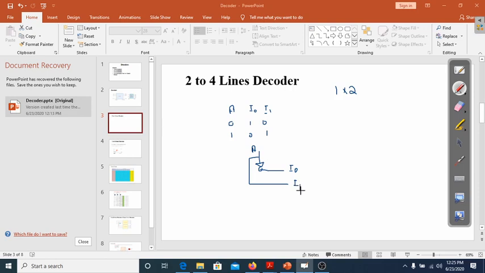Okay, now let us talk about 2 to 4 line decoders. Here we have two input lines. The input lines are the binary bits, and there would be the 4 output lines. Okay, now let us talk about this example.